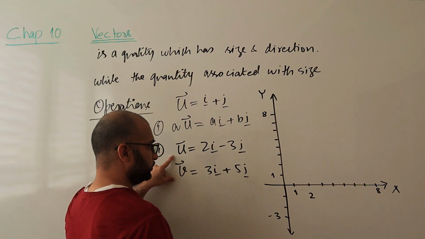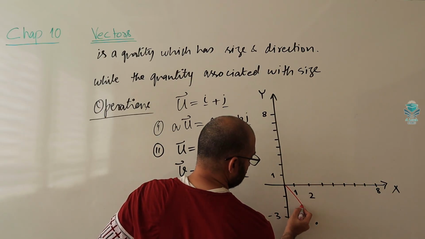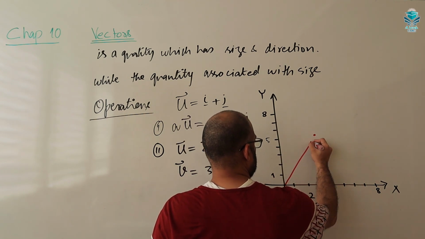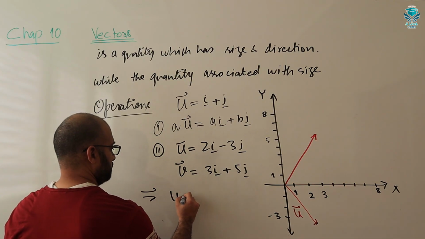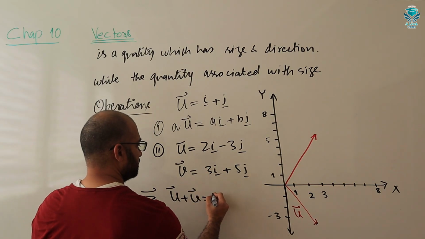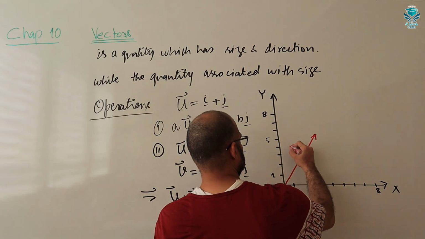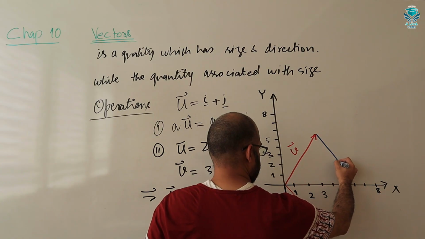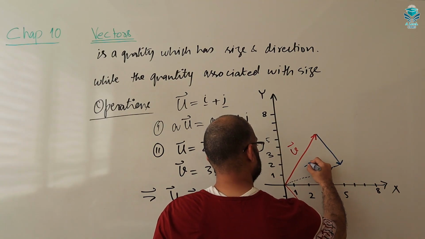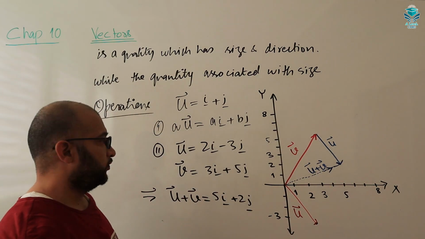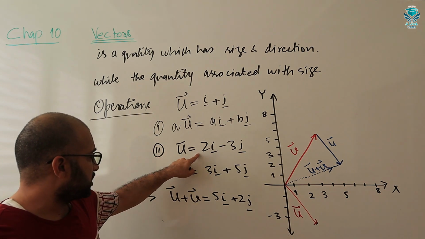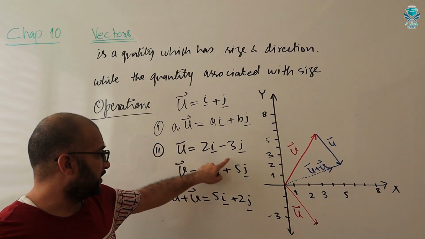If we draw u, then the addition u plus v is defined as adding component-wise. So we add the two vectors component-wise, and you will get 5 and 2.